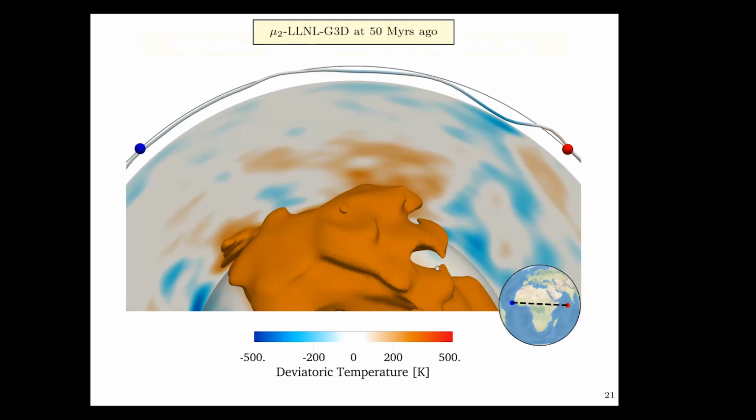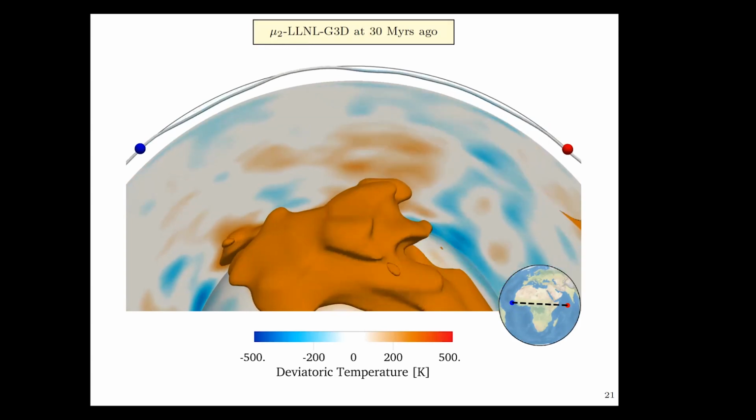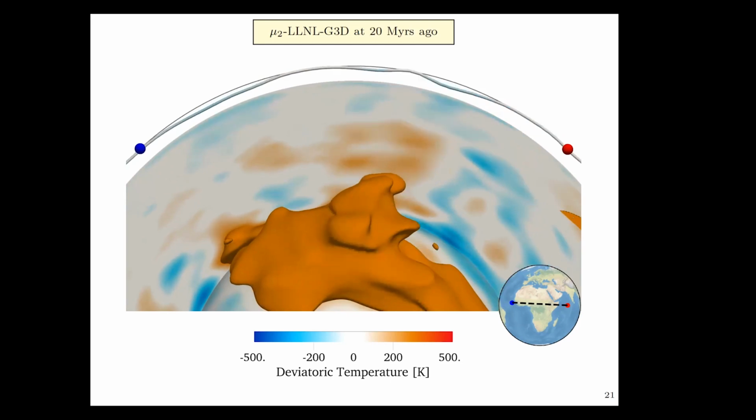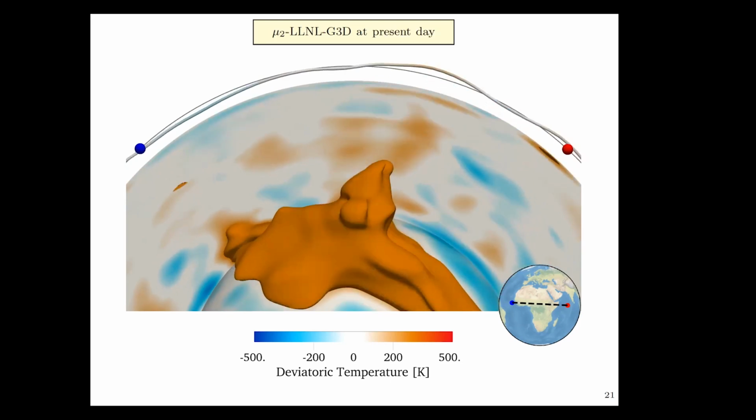What we see, starting from 50 million years ago, is that the structure beneath Africa is reconstructed a bit wider. As we come to present day, this is what we observe that generates the uplift around the East African rift system. The whole thing happens so much slower than we expect. Basically, the arrival of the Afar plume is delayed to present day.